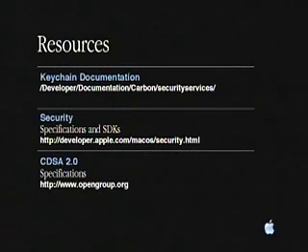I did want to mention that there are a number of resources for getting more information about the keychain. On your Mac OS X disk, you can look in the developer folder, and there's documentation under the Carbon directory there in the documentation folder. On the web, we have a security page. There is a new page that I don't have the URL for that just went up this week.